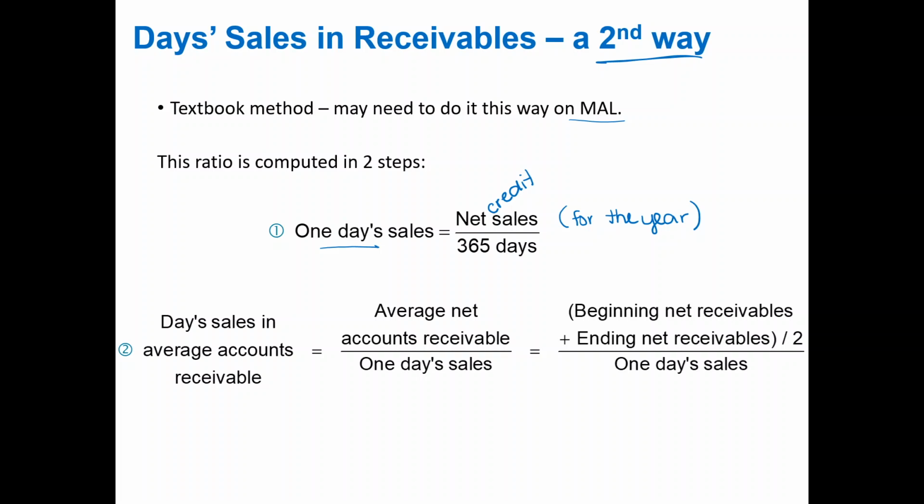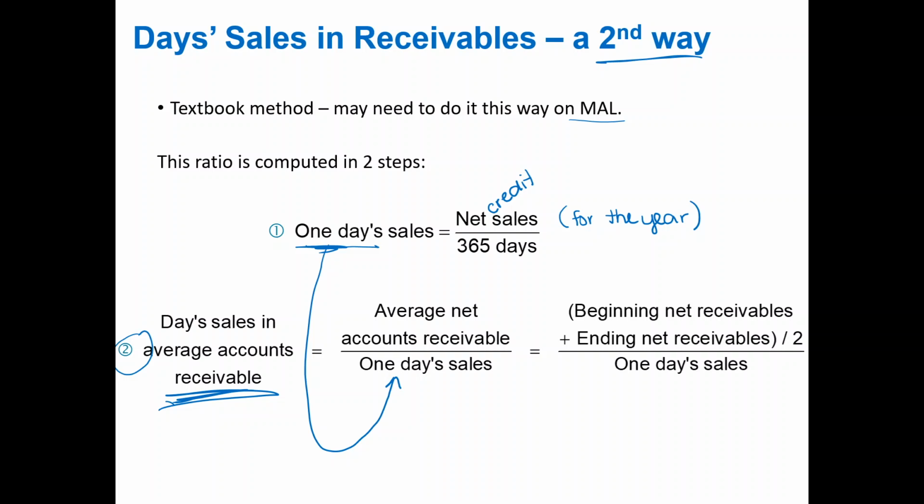The full year amount divided by 365 gives you, on average, the amount that's sold per day. Step two, you then take your average net accounts receivable divided by that one day's sales, and that gets you your days sales in accounts receivable.